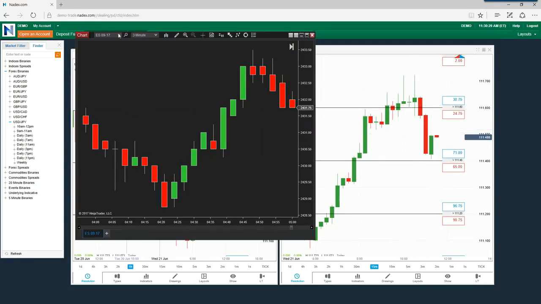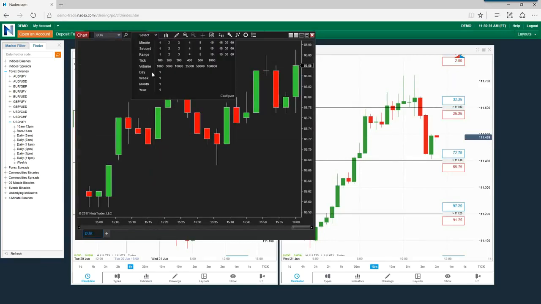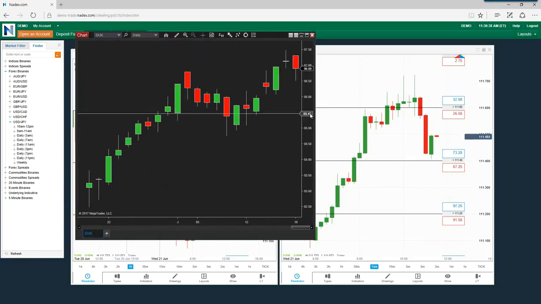Yeah, they work the same. For example, I trade Duke Energy a lot, and we can put this on a daily chart. There you are. This indicated that the next bar would be a down bar. So far, it's proven true.